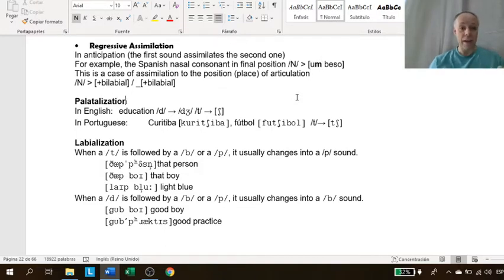Then we have palatalization. For example, in English we have the word "education". The D changes into a J sound, because of the U sound. The U sound forces the D to become J. Or the T in front of the U sound again is forced to turn into a Ch sound.